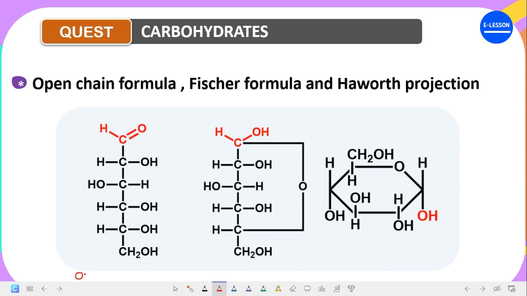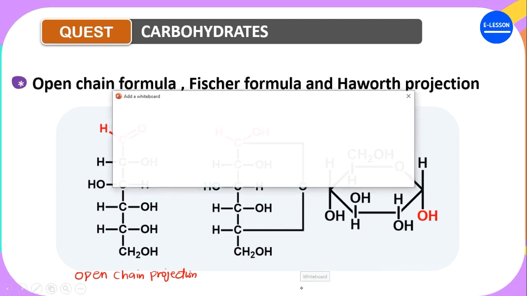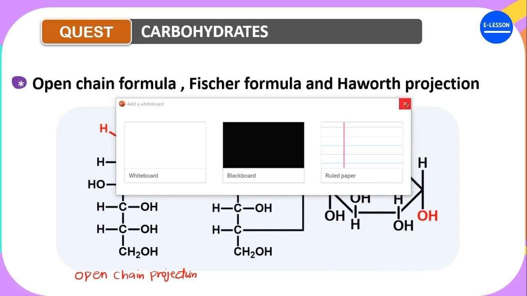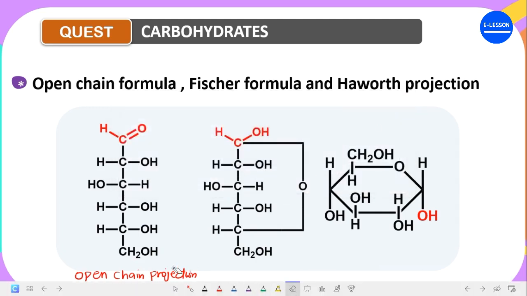Or you can say open chain Fisher projection. In the note, it is given as the open chain formula or the open chain projection. Let's use open chain formula, okay?